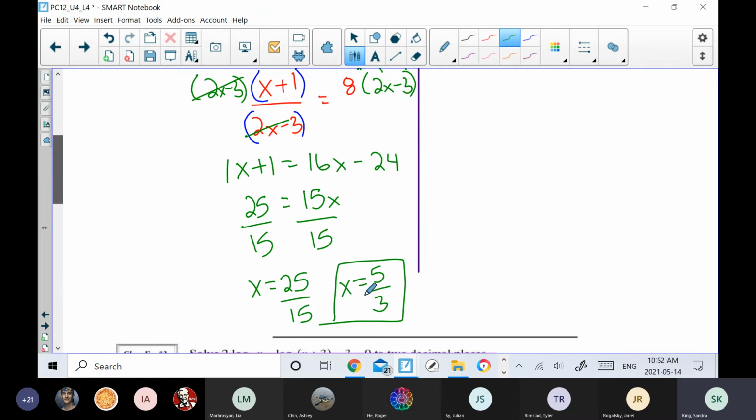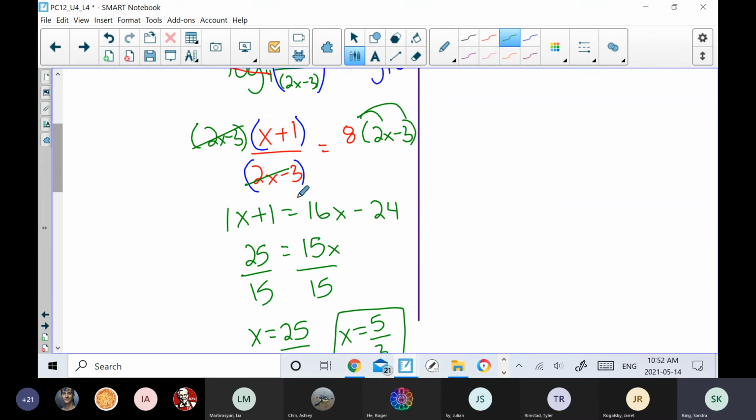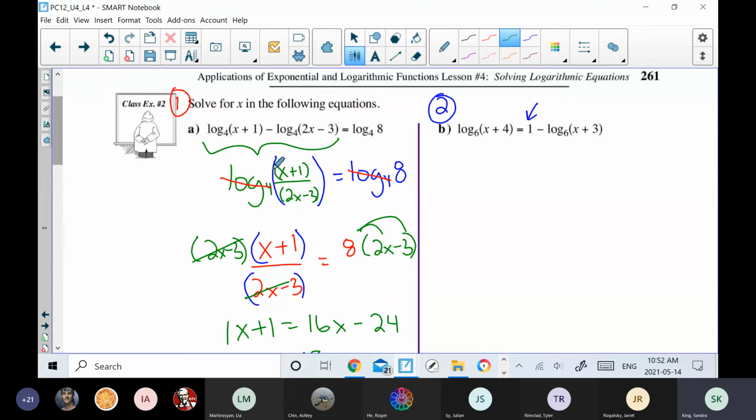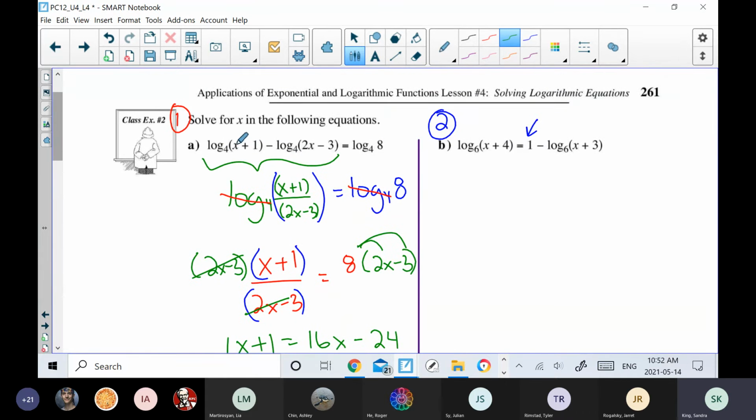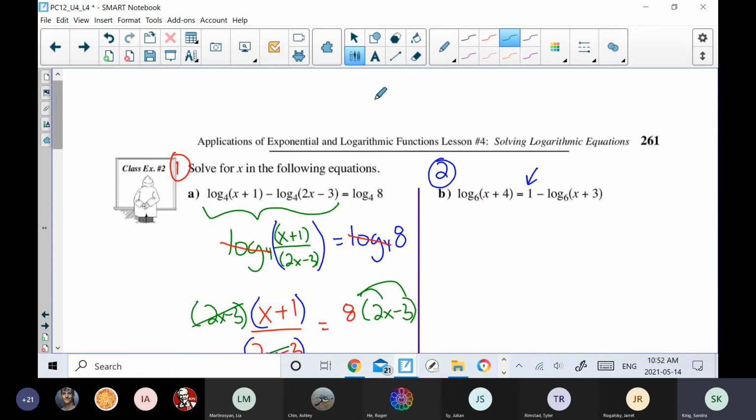I would need to verify to make sure that this isn't extraneous. So to make sure that it's not extraneous, you would put these back into the original equations. So 5 over 3 plus 1, that's going to give you a positive argument. This one you might need to check. So 2 times 5 over 3 minus 3.